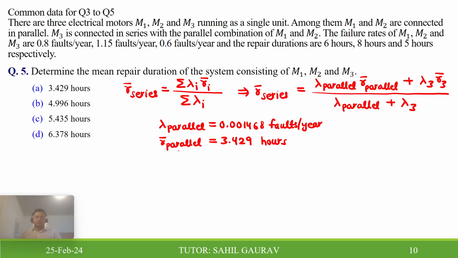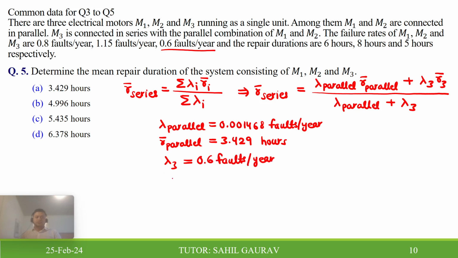And this lambda 3 is given as 0.6 faults per year. So it is given in the problem, 0.6 faults per year.